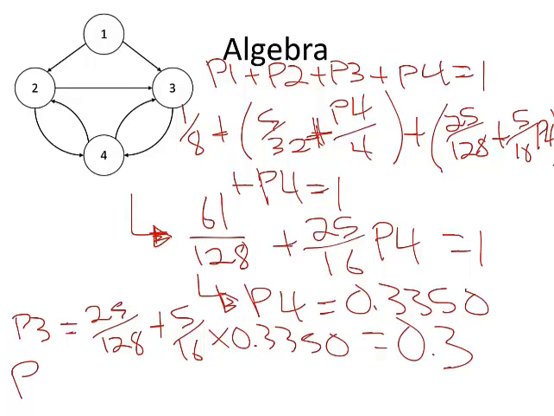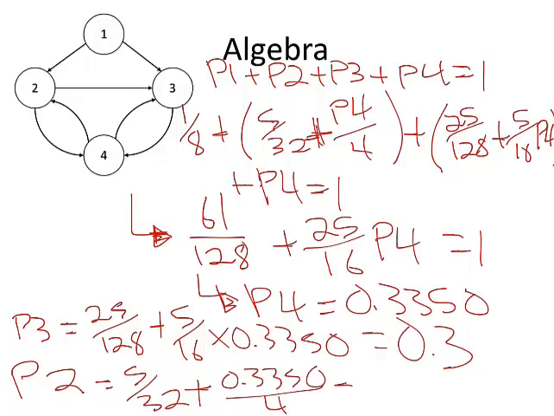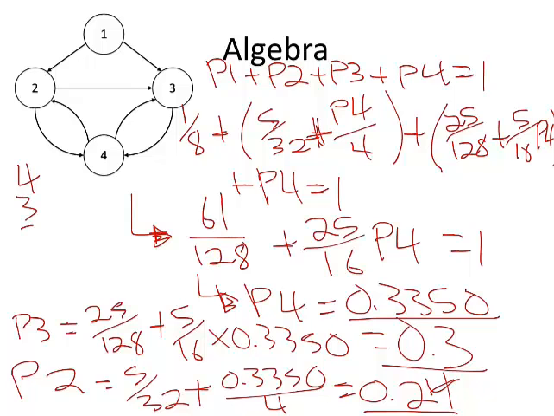And P2 is equal to 5 over 32 plus 0.3350 over 4, which is equal to 0.24. So we have the highest importance score being 4, second highest being 3, the third highest being 2, and the last highest being 1. So just like before, we have 4, 3, 2, 1 is our ranking, except the exact scores are different.